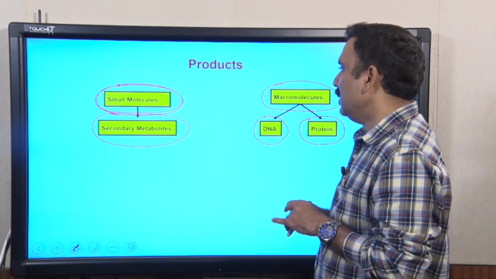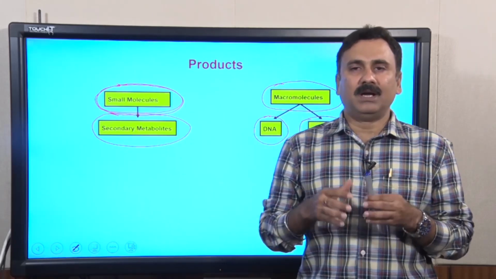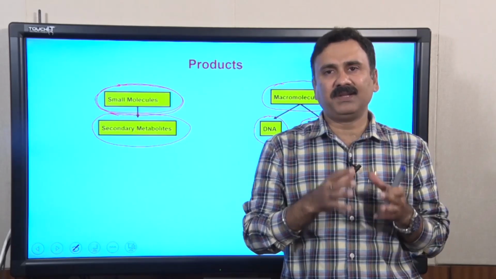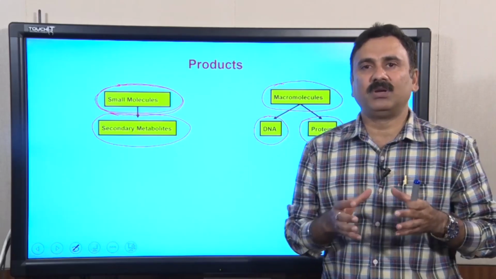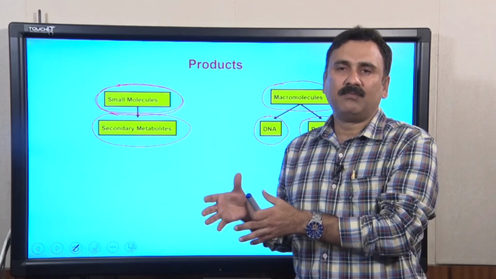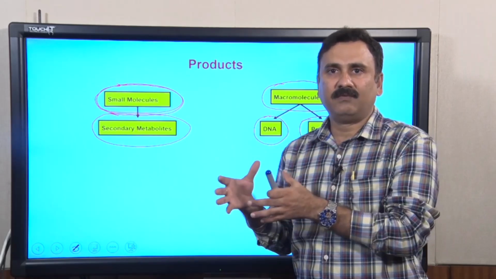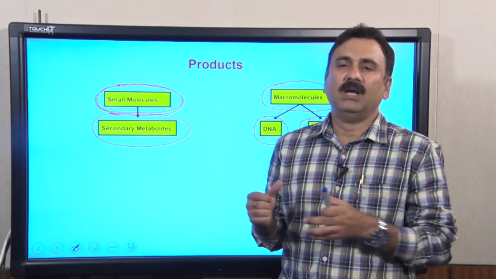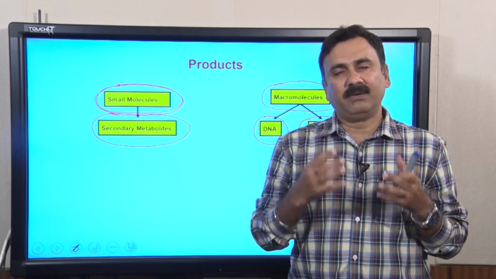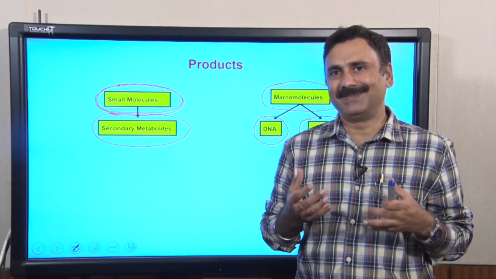So when the product comes from the host cells, you have either small molecules, which means organic components of very small molecular weight, or macromolecules, which are big molecules like DNA or protein that you are overexpressing in these cells.